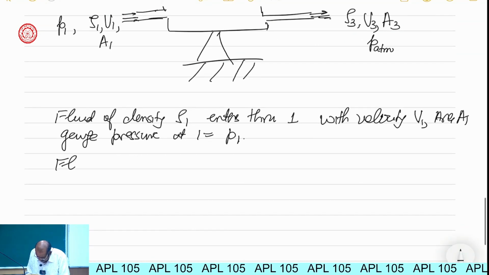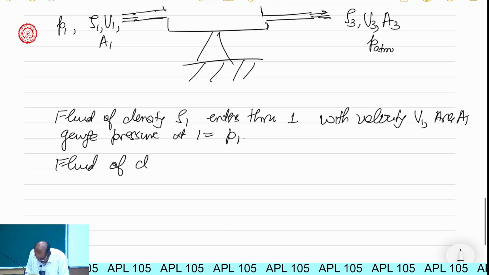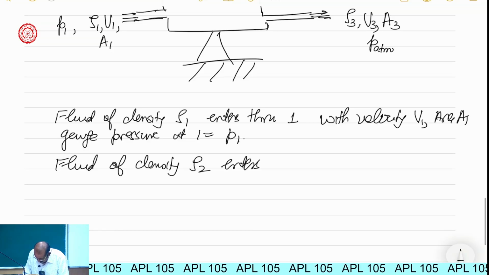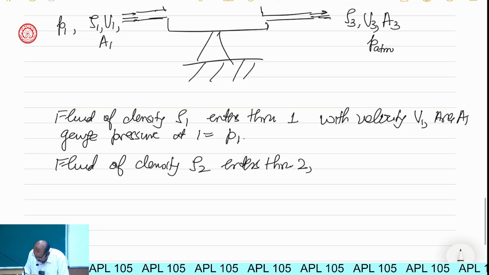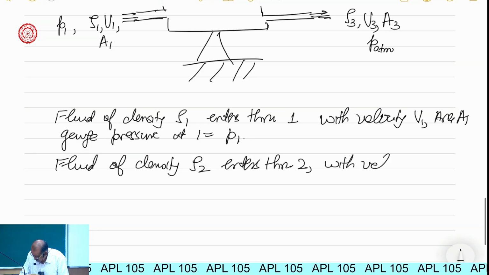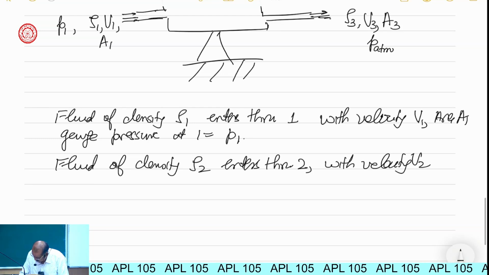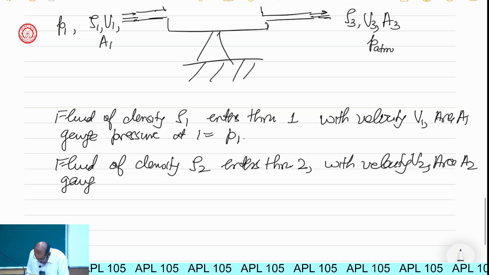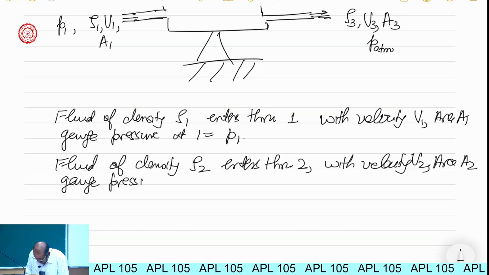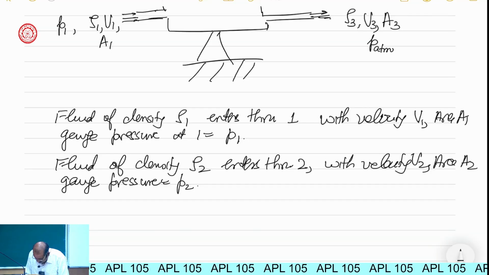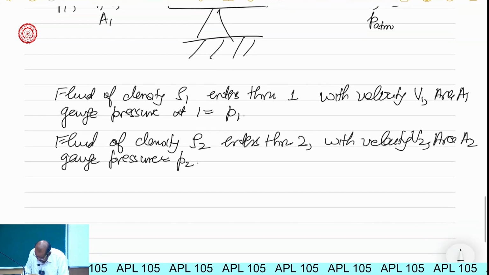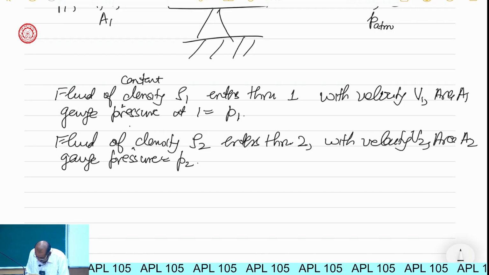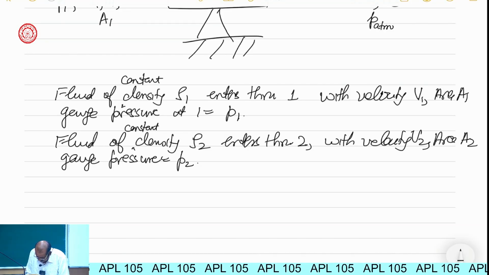And similarly, fluid of density rho 2 enters through 2 with velocity V2, area A2, and the gauge pressure there was equal to P2, and fluid of constant density, and this was also constant.